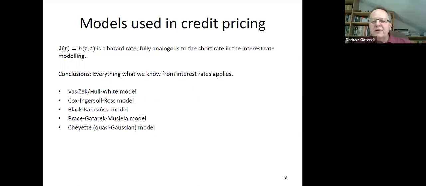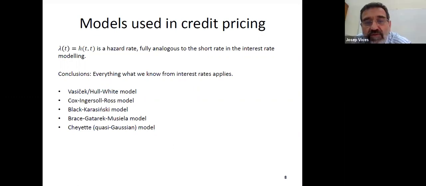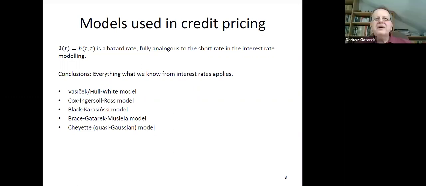Another question is, the model is not differential? What does it mean, model differential? I don't know. So I'm saying, no, this is what I've just told you, that all interest rate models are used for credit risk.